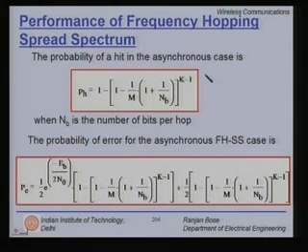They are pretty logical to follow from one step to the other. So we have an expression for the synchronous case, and here is an expression for the asynchronous case. In this case, two users can hop independently also in between the transmission.